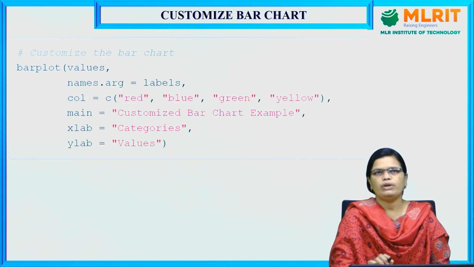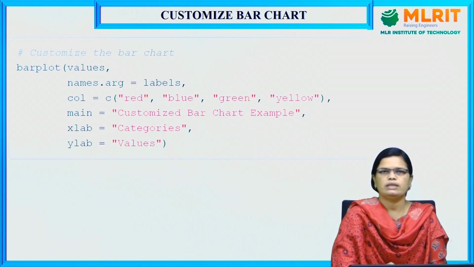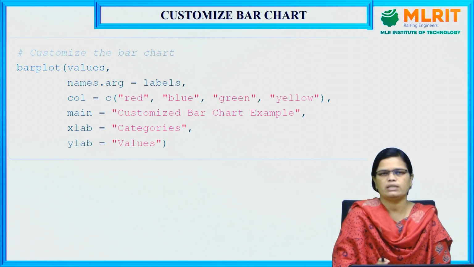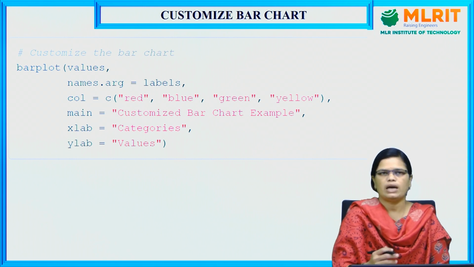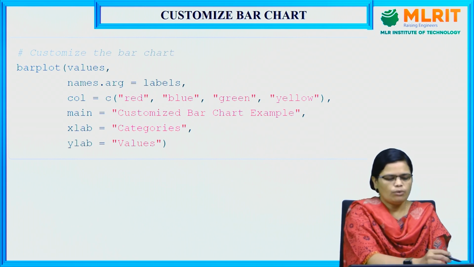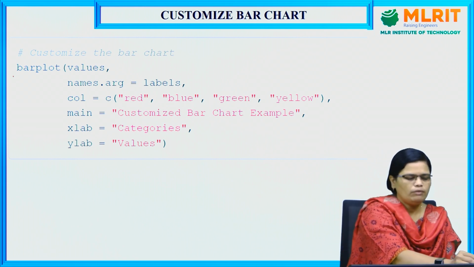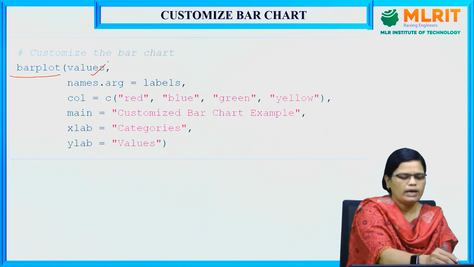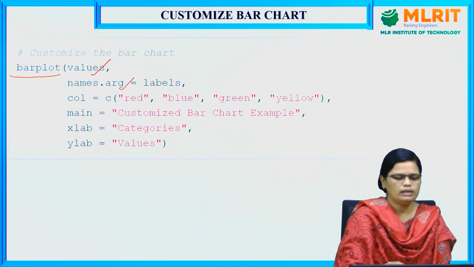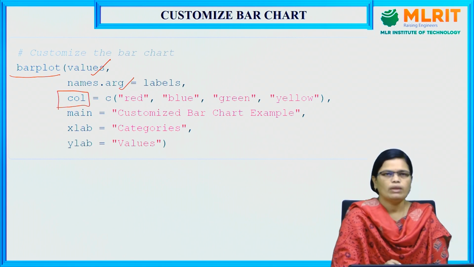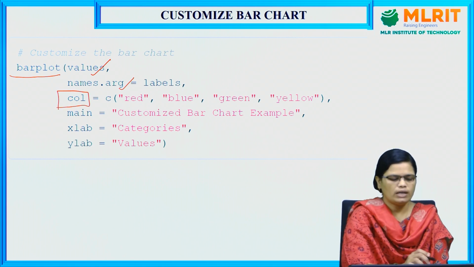So one more variation: customizing a bar chart. When we have more values to be displayed in the bar chart, it is better to assign a color to each and every bar. So for customization, we are using the barplot function, and we are assigning the values and the labels. And this is the important one here: we are assigning the color.